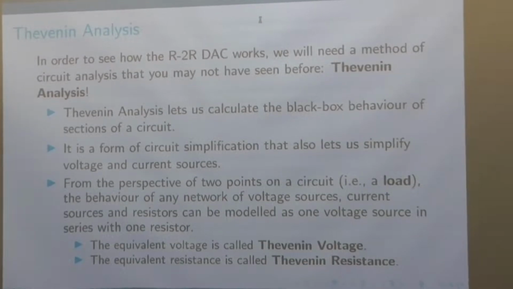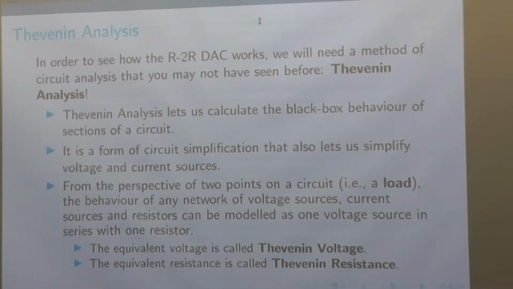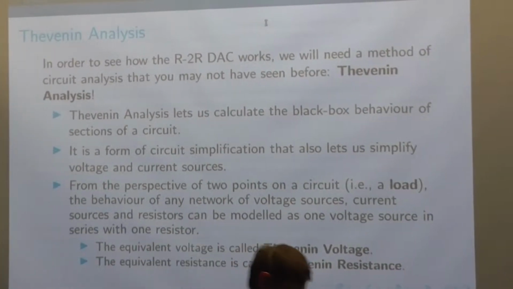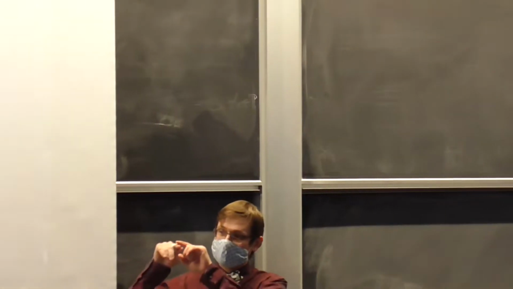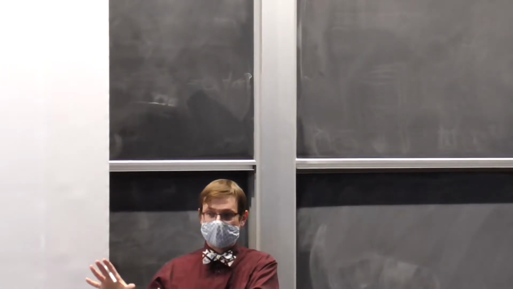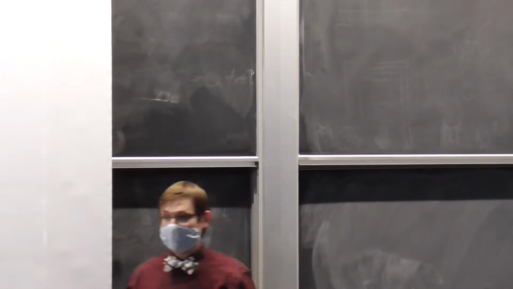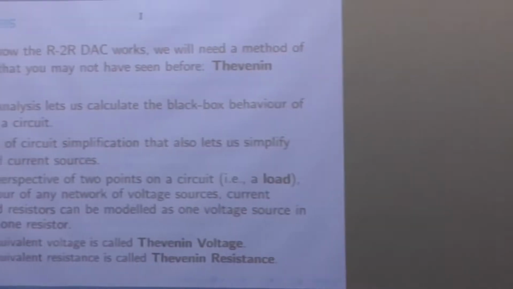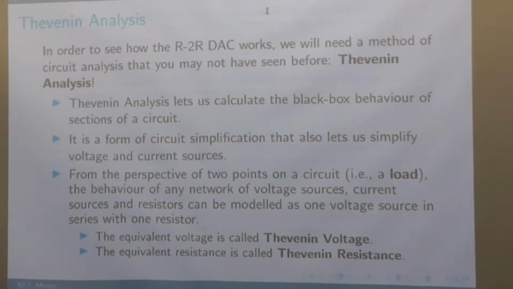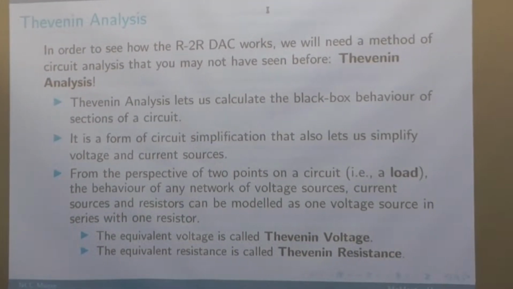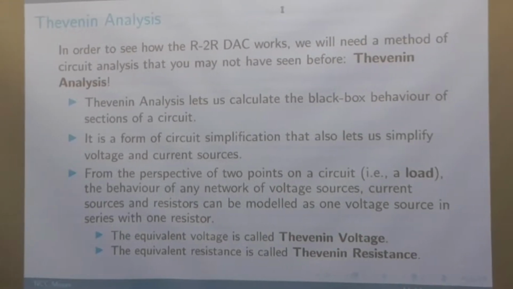And I'm so happy that I have a chalkboard, because Monday I didn't have a chalkboard. Thevenin Analysis allows you to extract a piece of a circuit and rewrite it as a much simpler circuit, so that it can be worked with in terms of its output characteristics. This is similar to taking a piece of software code and putting it into a function.